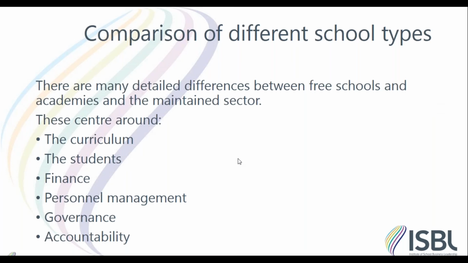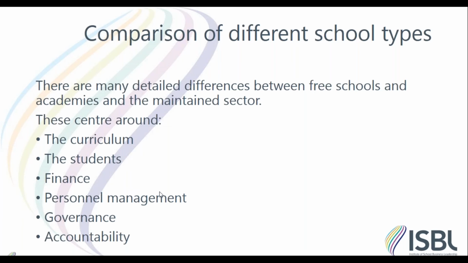Just moving on to the core differences between free schools and academies, and indeed the maintained sector. I think that these differences really centre around a number of areas. So firstly, the curriculum, the students, the way finances are managed and flow, personnel management, governance and accountability.